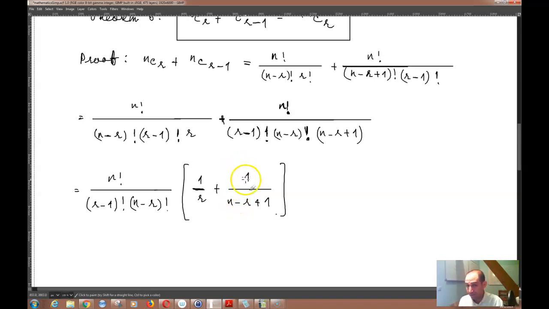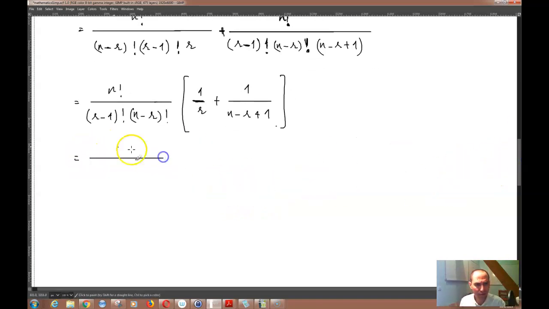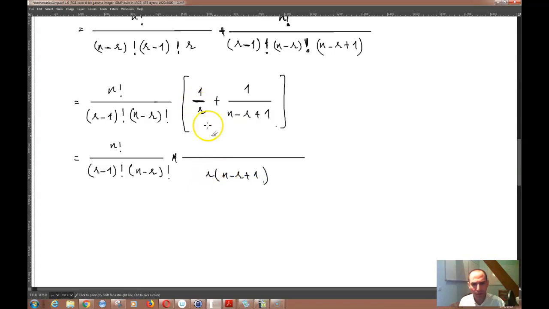And so if I take the LCM, I can write this as n factorial over r minus 1 factorial times n minus r factorial, and over here I can write this as r times n minus r plus 1, and then I would get n minus r plus 1 plus r, and then r and r you could cancel out.